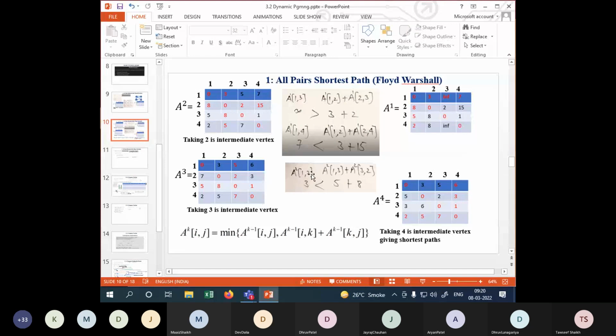So a1 comma 2 from this matrices, 1 comma 2, is equal to 3. Here 1 comma 3 is equal to 5, plus a3 comma 2, 3 comma 2, that's equal to 8. So it will be equal to 8 plus 13, that's greater than the value which was already present at location 1 comma 2, which was 3.